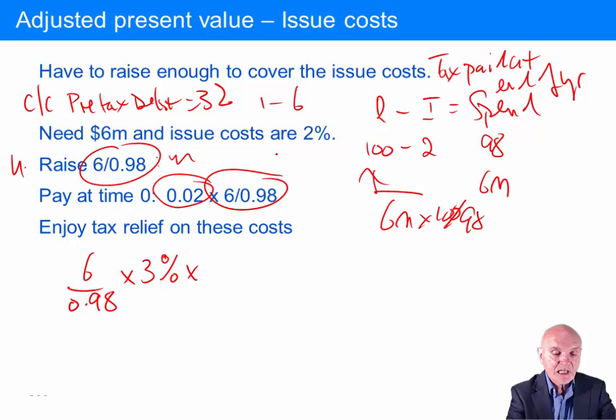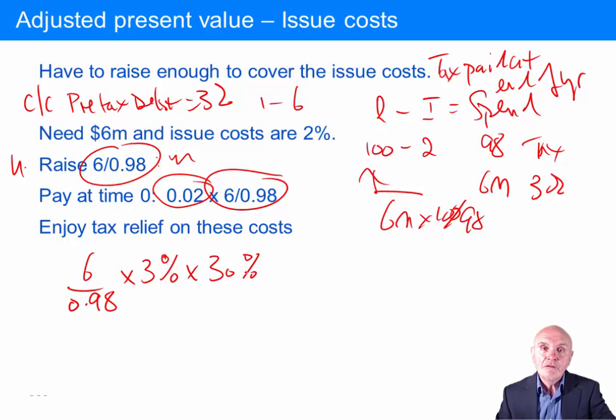Let's say the tax rate is, let's give it 30%. So times 30%, that is the savings on paying the interest because of the tax relief on the interest on everything they've raised in here. And we're paying the tax at the end of each year. This is going to be years 1 to 6. So you look up your 3% cumulative discount factor for 6 years, and that'll be the value of that.